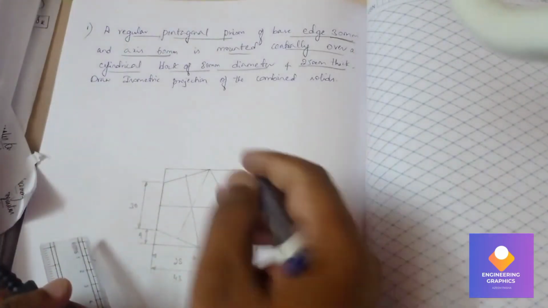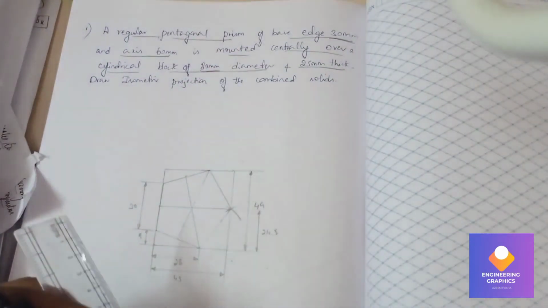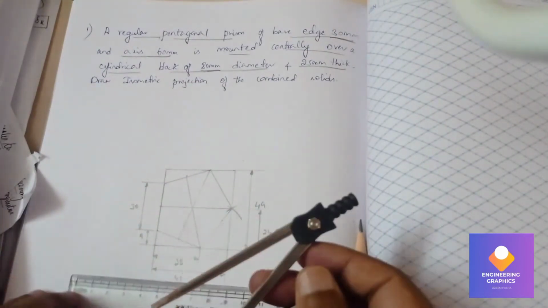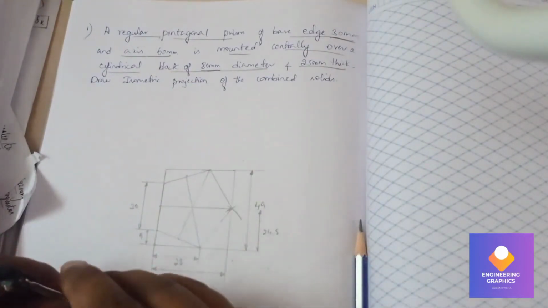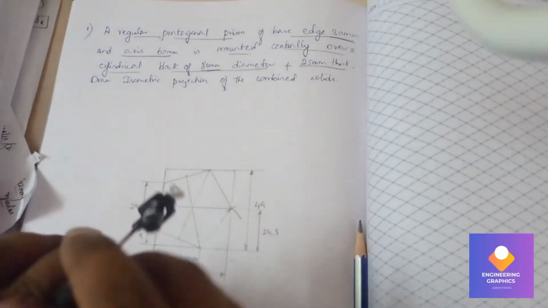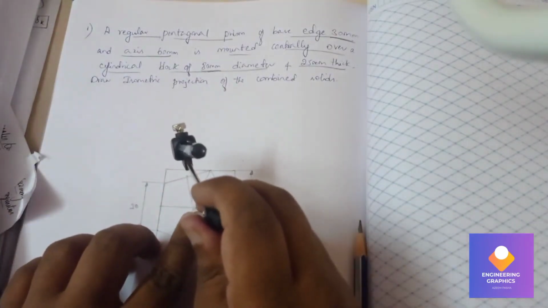Okay, now from the center of that we will be constructing, here it is a cylinder block, means it will be a circle. So the diameter given is 80 mm, so we will be considering a radius of 40 mm here. Okay, then we construct a circle here.